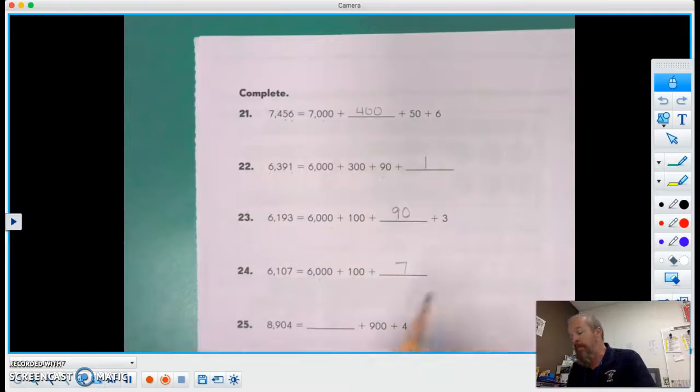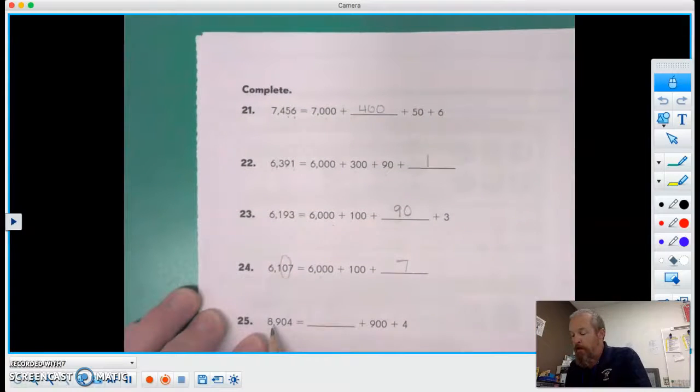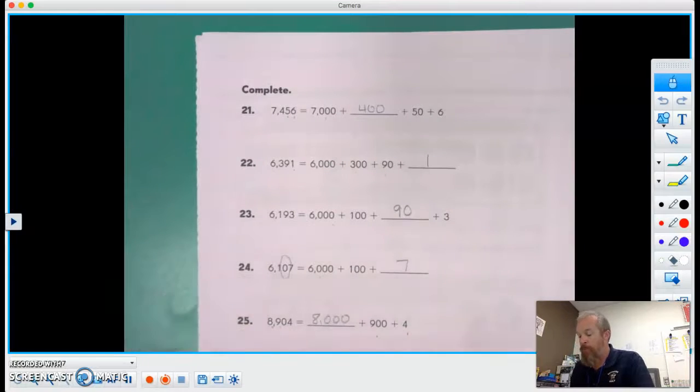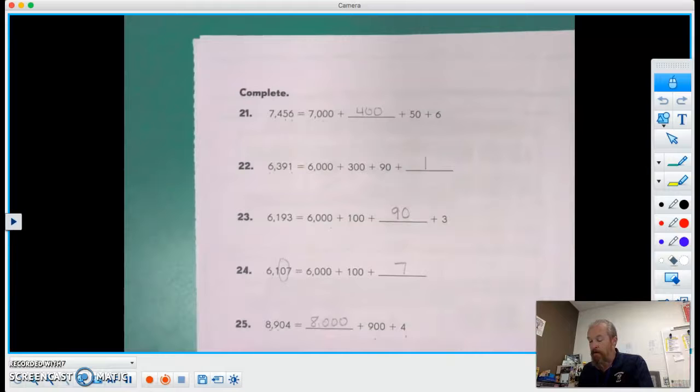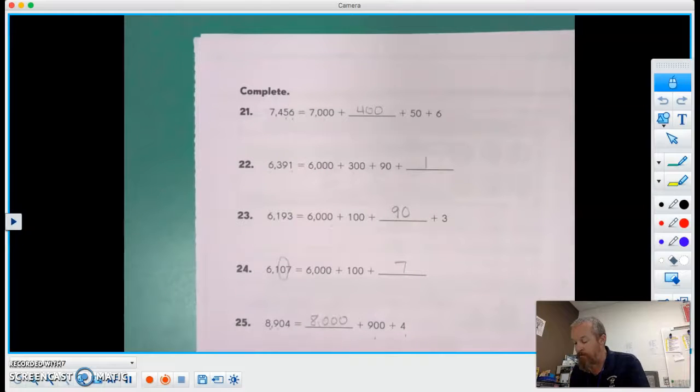We would put the 7 on there, not the 0 tens. Here we have our 8,000 is the piece that we're missing, because we have the 900 and the 4. We have the 60 and the 8, but we're missing the 5,000. 9,000 we have. We're not going to put the 0 in the hundreds, but we are going to add our 70 and then the 4. And here we have 7,005.